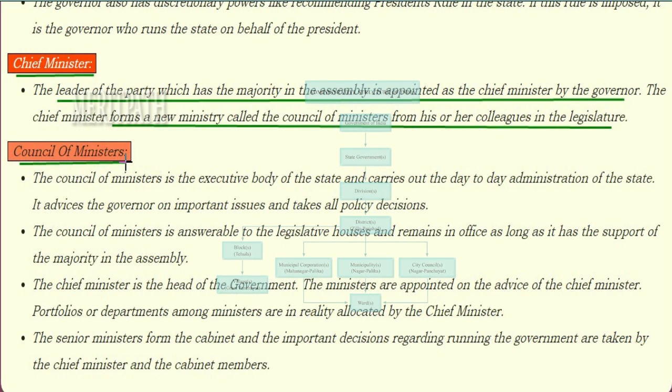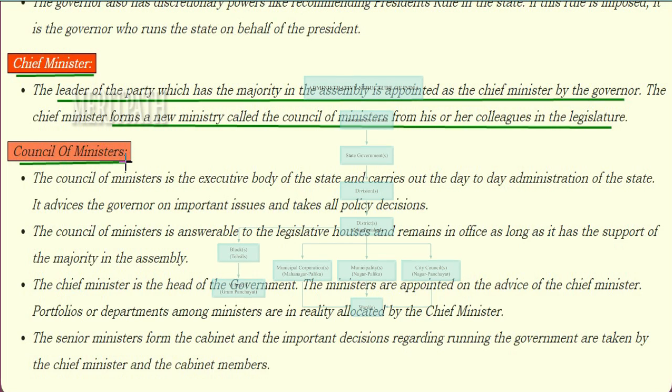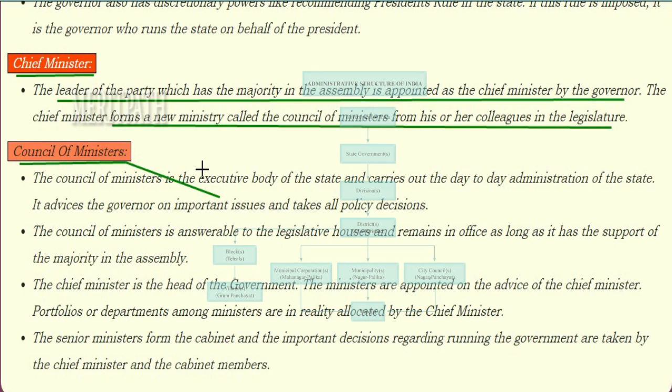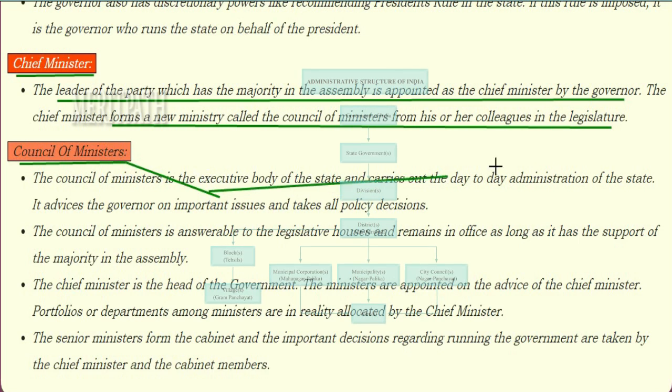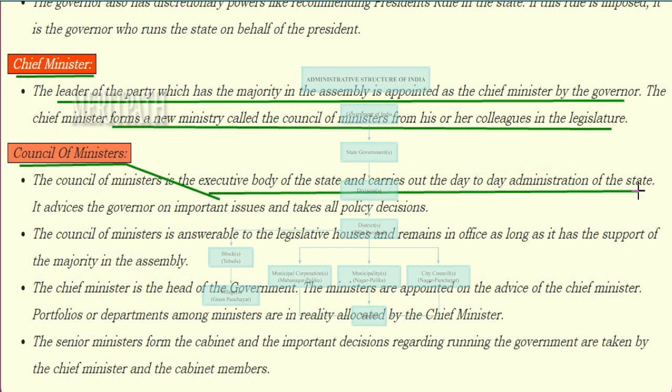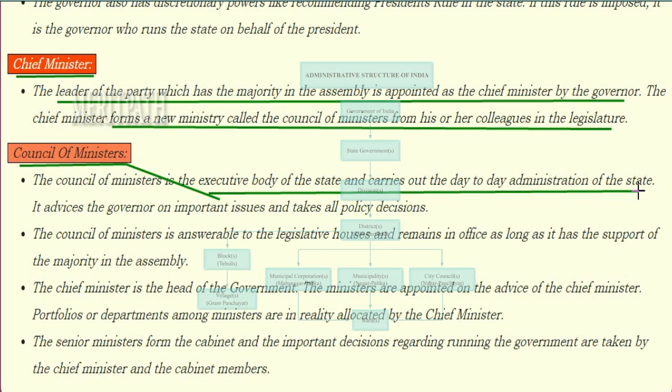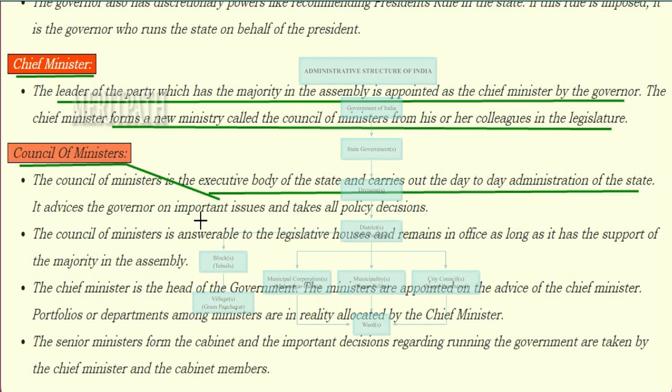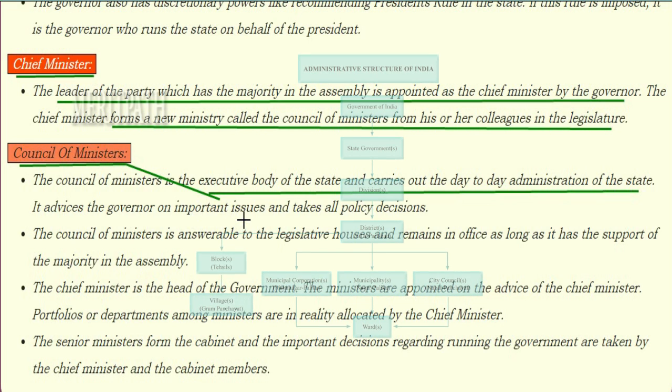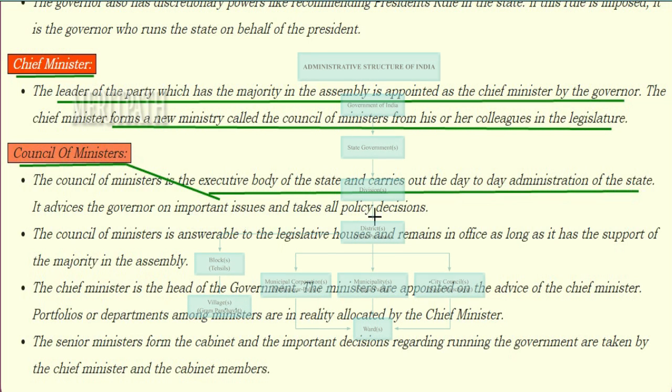Next, the council of ministers appointed by the chief minister also play the role of the state executive. So these council of ministers, they are the executive body of the state. They take care of the day-to-day administration of the state. They also advise the governor on important issues and they take all the policy related decisions.